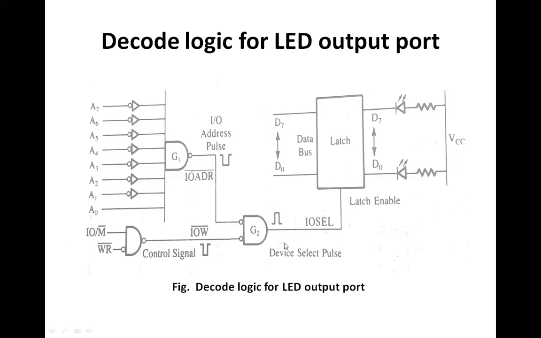Now, if this is so, the content of the accumulator, which is placed on the data bus, is now available on the data bus. And within a few microseconds, it is being latched, since the latch is enabled. So within a few microseconds, it is going to latch for the display on the LED, the output port at which the LED is connected.